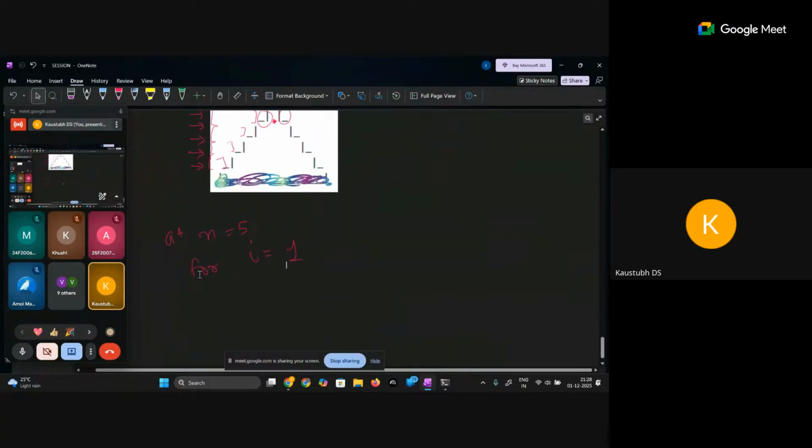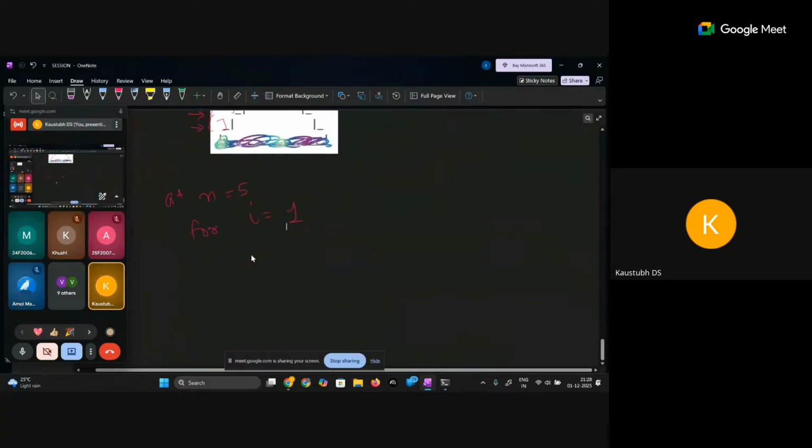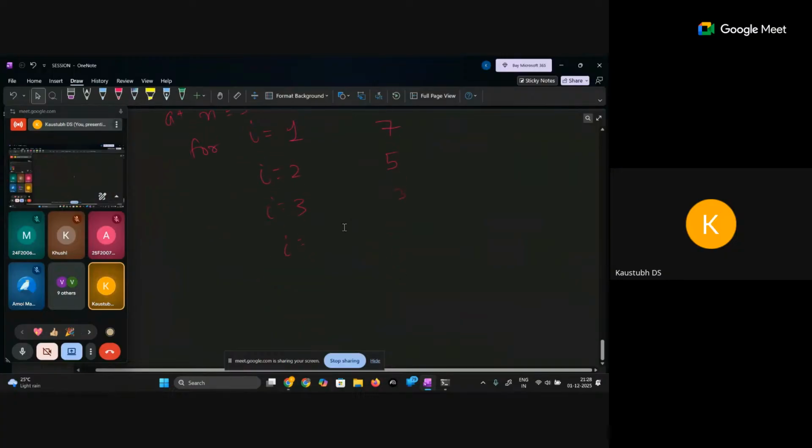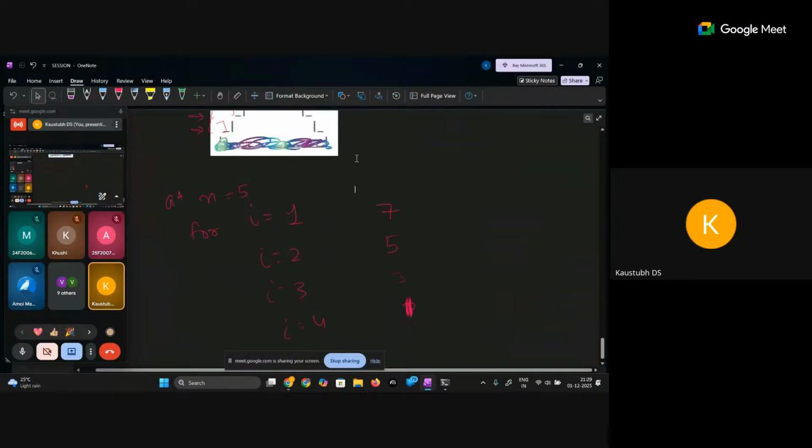So at i equals 1, we had 7 spaces. i equals 2 had 5 spaces. i equals 3 had 3 spaces. i equals 4 had 1 space, right? Okay, nice. So it starts at 7, right? Looks to me that it is.